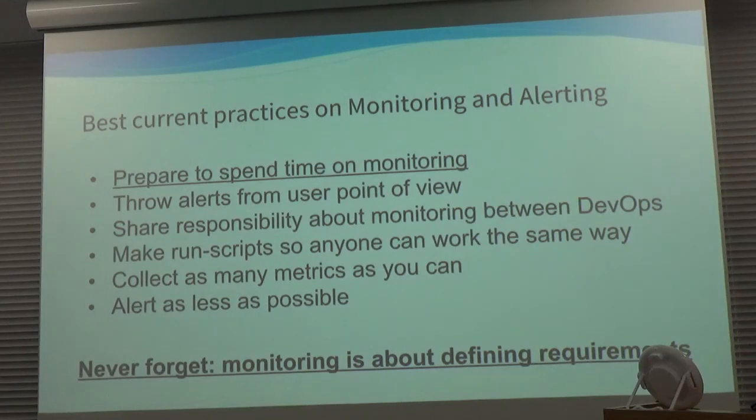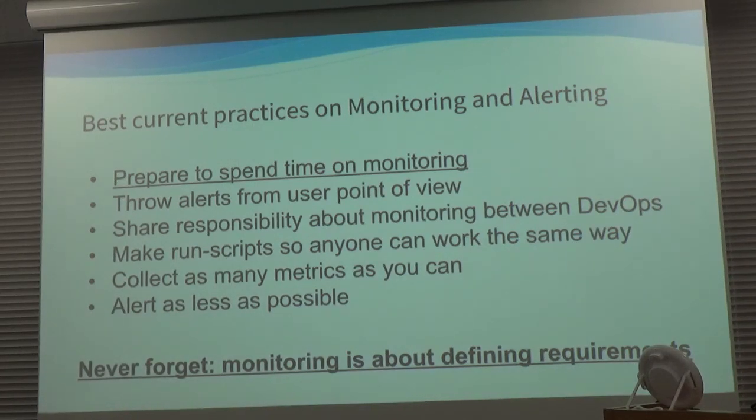Share responsibility for monitoring between dev and ops. Make run scripts, that is, a manual for when an alert happens. And collect as many metrics as you can. That's what I said using Datadog's words. And alert as little as possible.